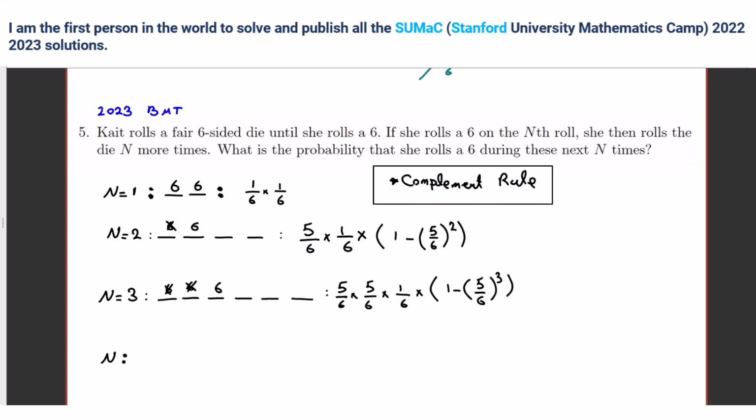It will be 5/6 to the power of, what would it be? 5/6 to the power of n minus 1, times 1/6, and then multiplied by 1 take away (5/6)^n.